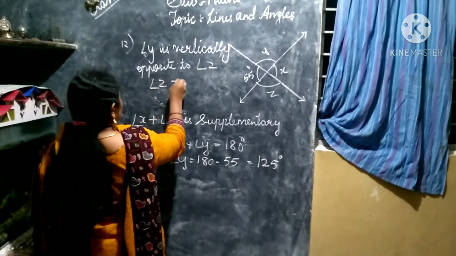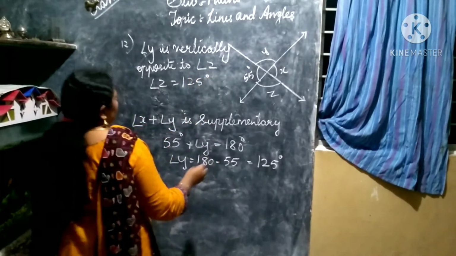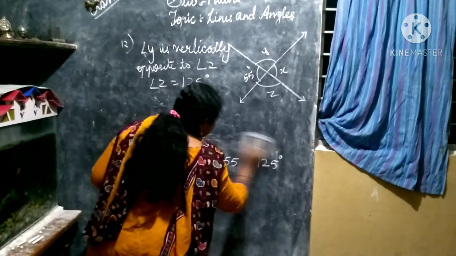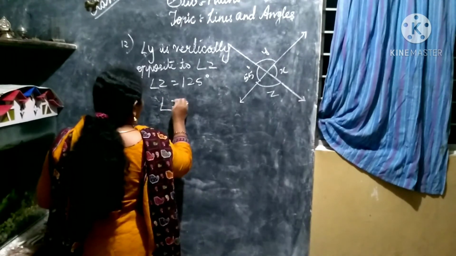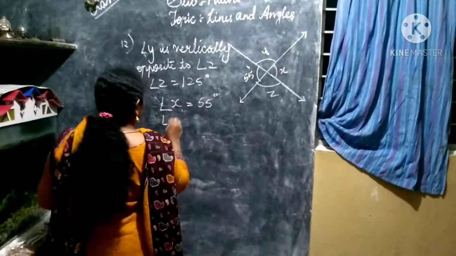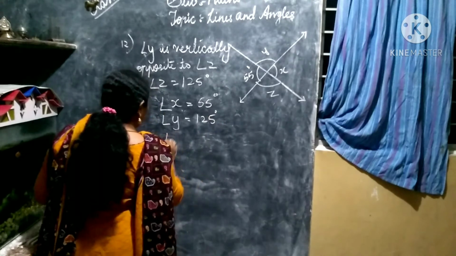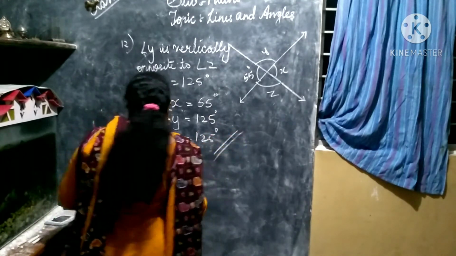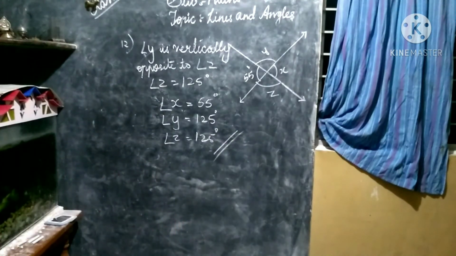Therefore angle z is equal to 125 degree. So here we got all the three angles: angle x is equal to 55 degree, angle y is equal to 125 degree and angle z is equal to 125 degree. We have found the values for all the three angles.